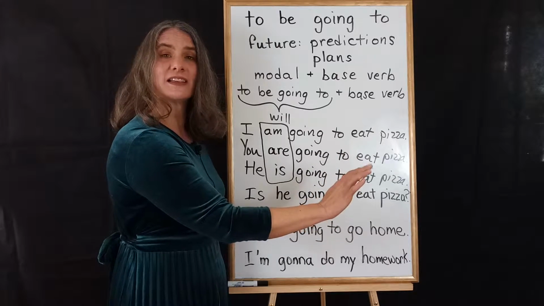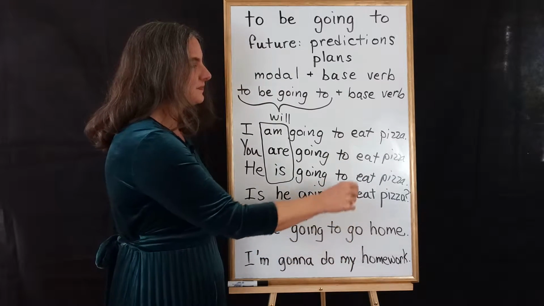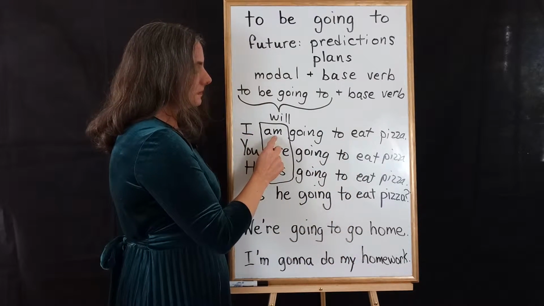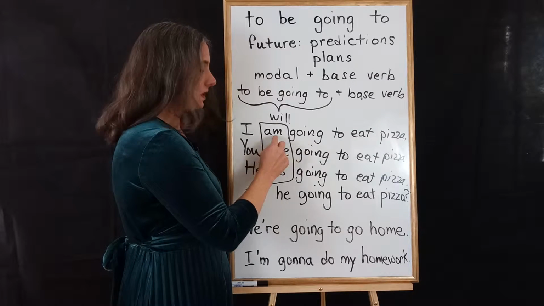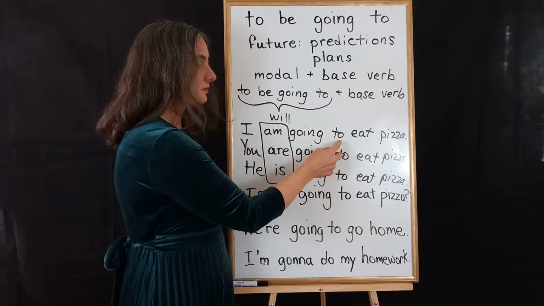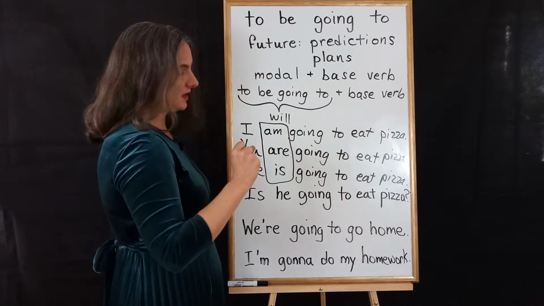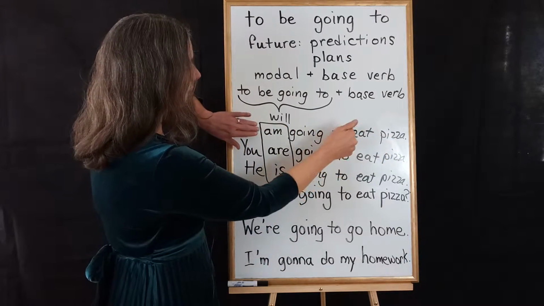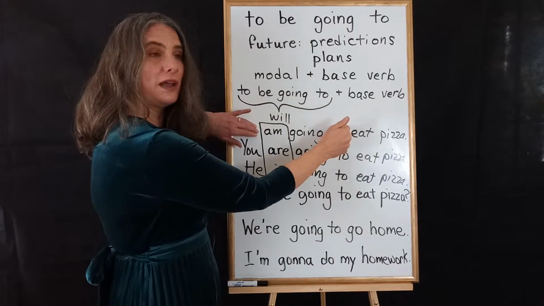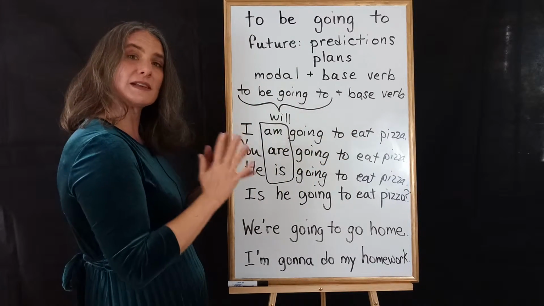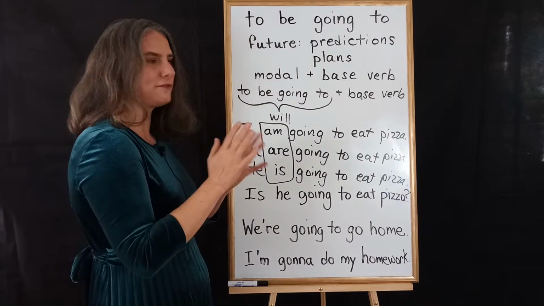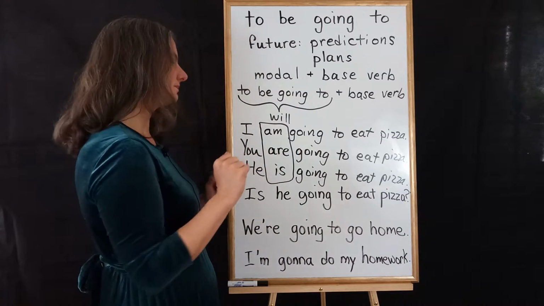Nothing else on it, nothing else with it. I am going to eat pizza. So this am going to is one chunk that has to stay together. You have to have all the pieces there.